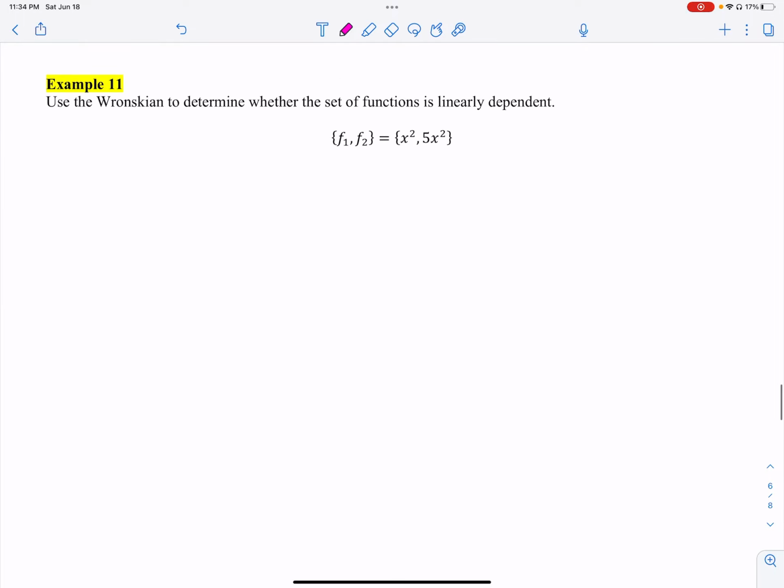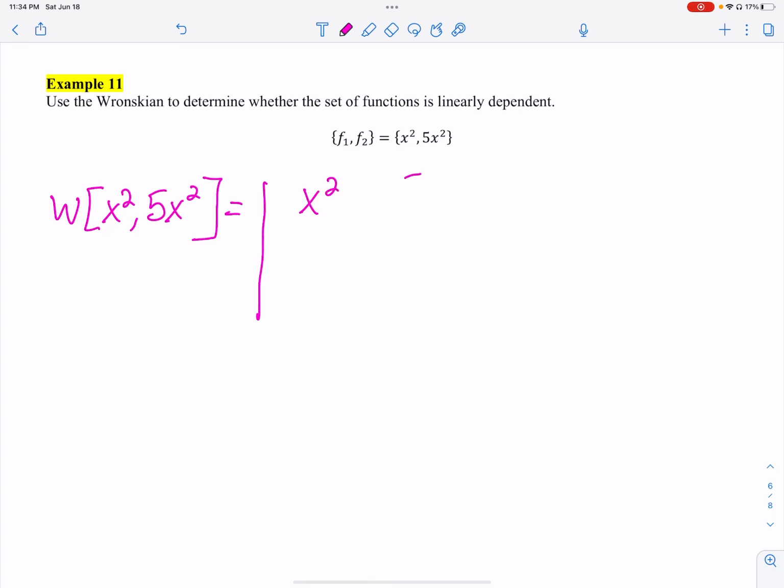If we do the Wronskian of those two, x squared, 5x squared, right? I only have two, so x squared, 5x squared. And I take derivatives until my matrix is square. Okay, 2x, well, that's a 2 by 2. All right, so 10x, and then we use our diagonal trick here.